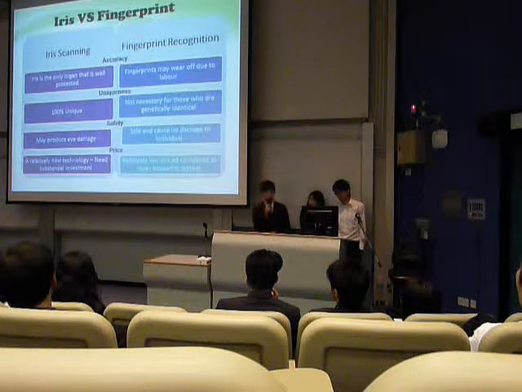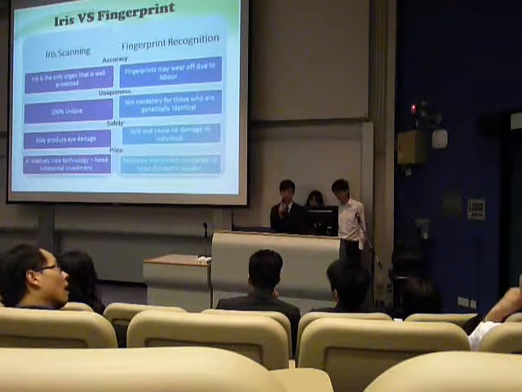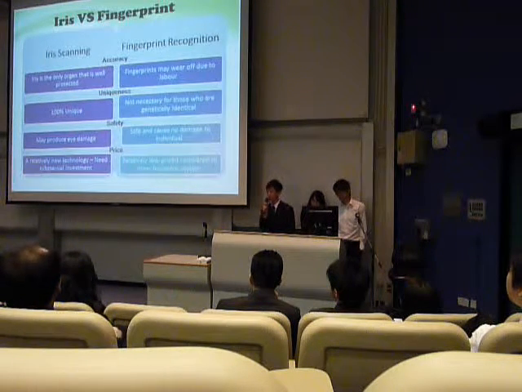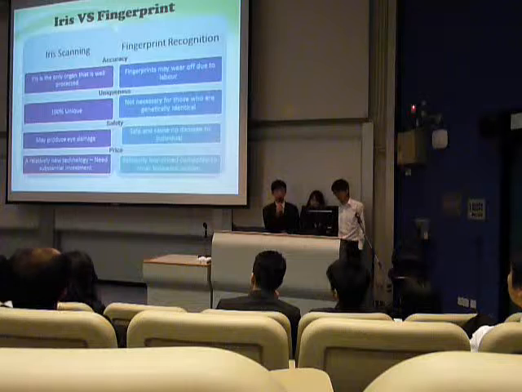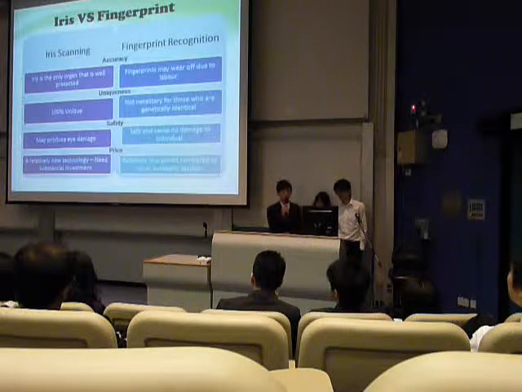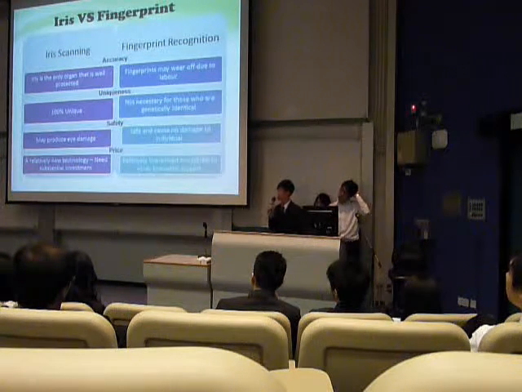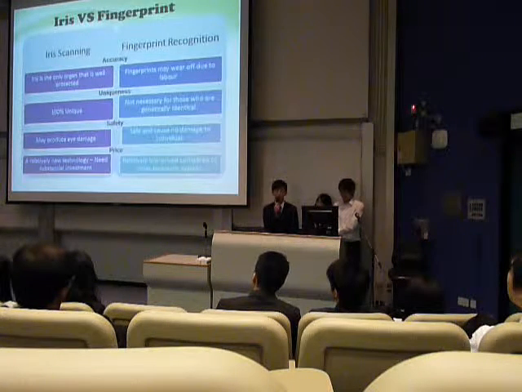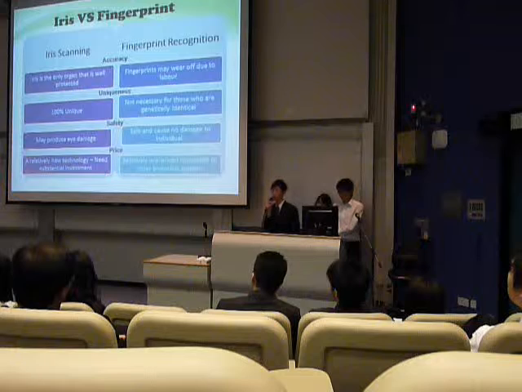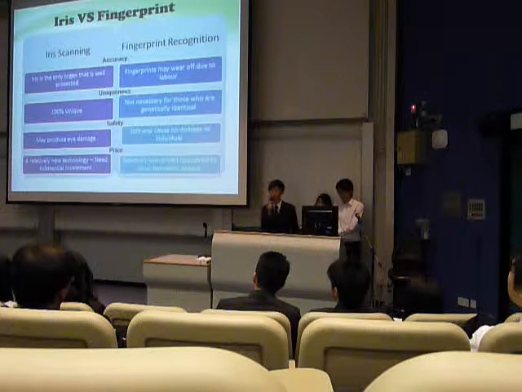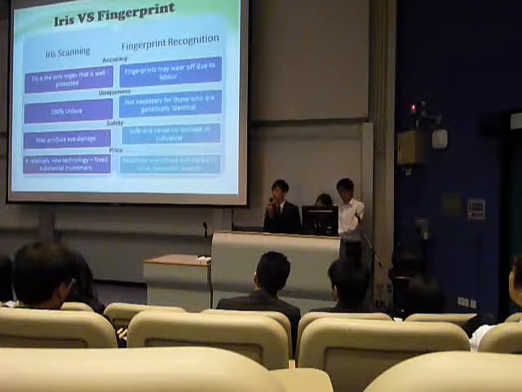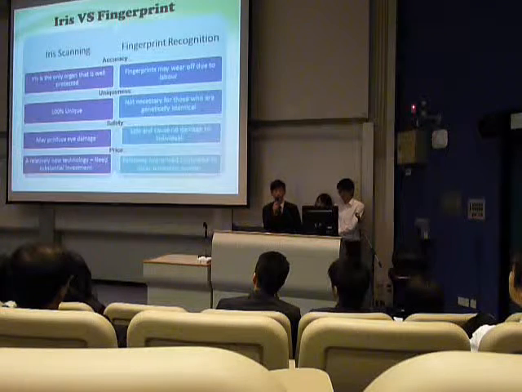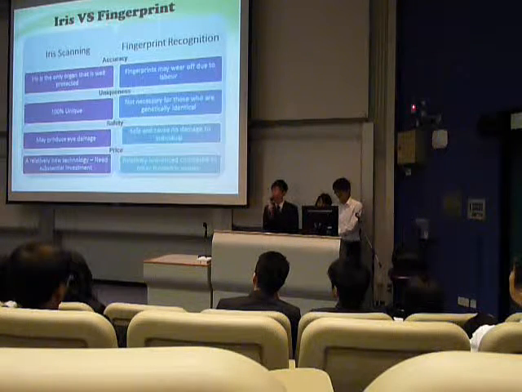But on the contrary, fingerprints may wear off due to some labor or due to some things you do as usual. The next part is uniqueness. Iris is 100% unique, but for fingerprint it may not be, because you will find some quite similar or even identical fingerprints from 2 identical twins.